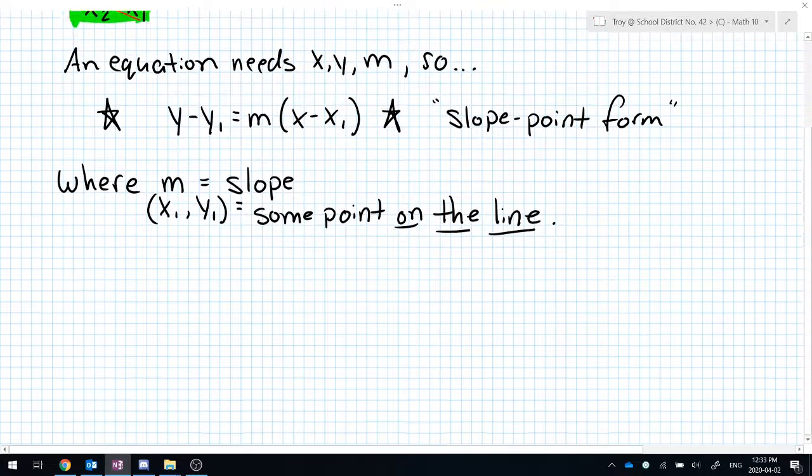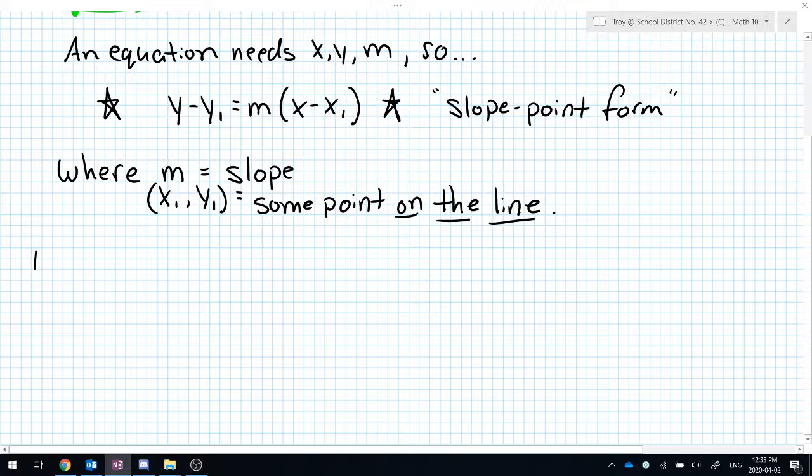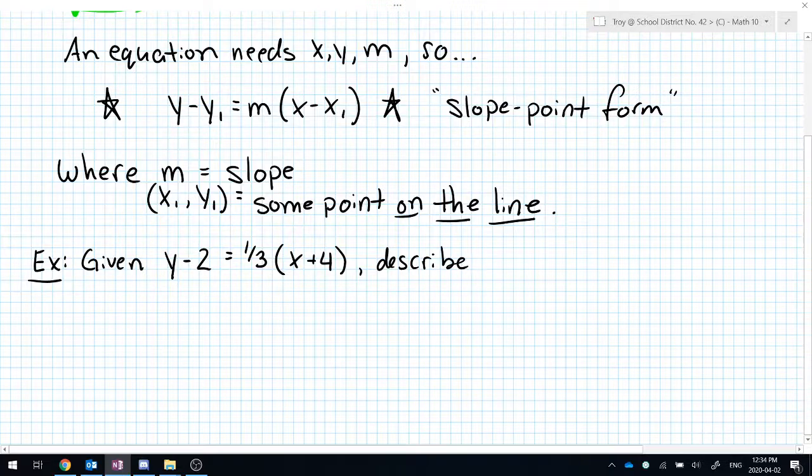So let's do an example. Let's say given the equation y minus 2 equals 1/3 times x plus 4, describe the graph and then graph it.